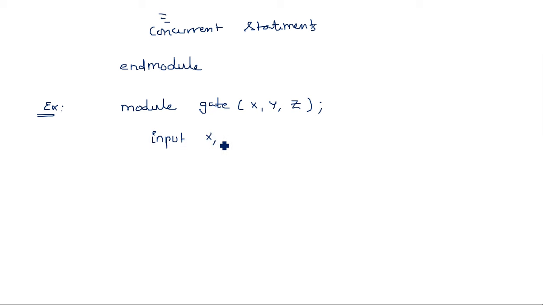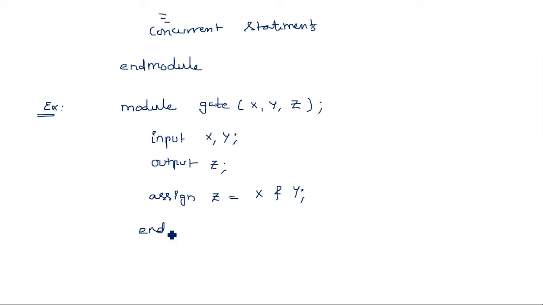Input x comma y. That means here you are saying what are the inputs, and similarly output z. Assign z is equal to x and y. Suppose some gate is there. Assign z is equal to x and y, semicolon.